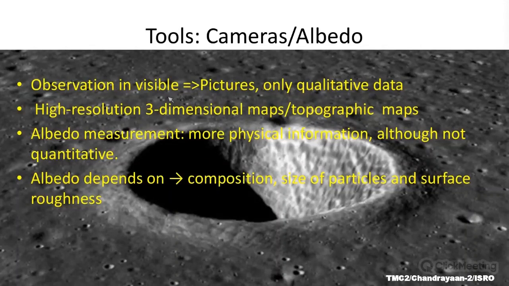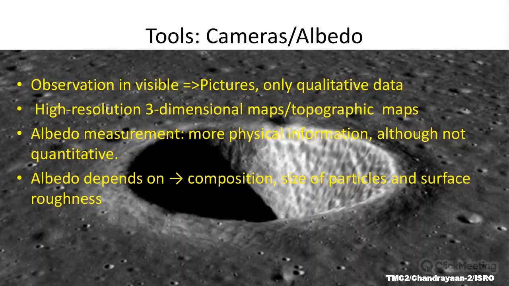This is an example taken from our recent Chandrayaan 2 mission to the Moon, and this is a TMC2 3D map of a crater which shows the depth and diameter relation of this crater, as well as giving us some information on physical properties of particle size and surface roughness.